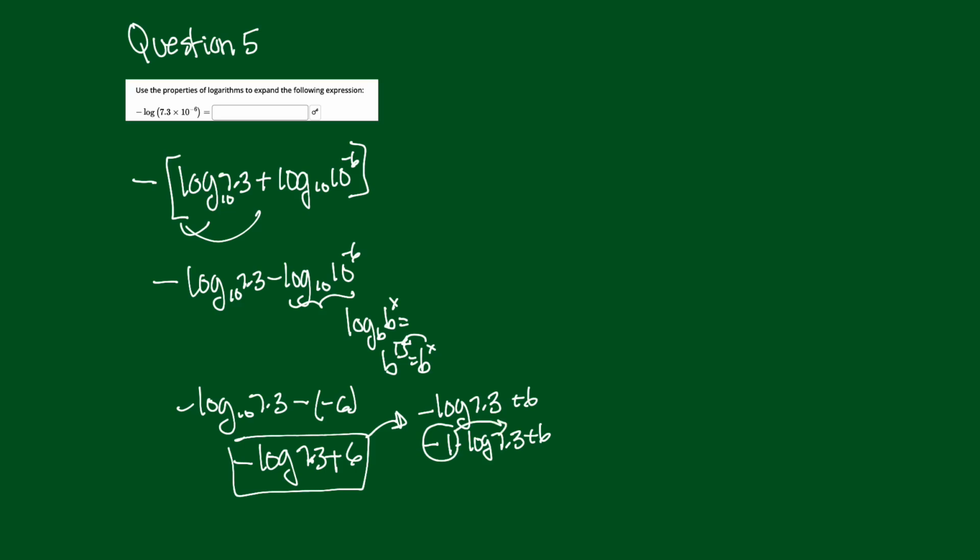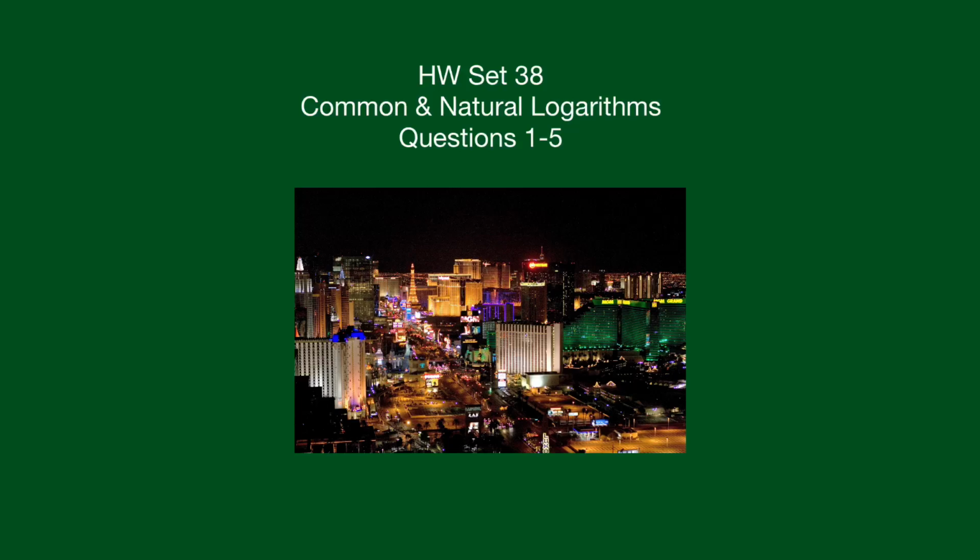So now I get the log of 7.3 to the negative 1 plus 6. But now this thing here, I can get rid of that exponent if I drop the base down. So I'll get the log of 1 over 7.3 plus 6. I just have a feeling this is what they're going to want us to do because I can't go any further with this. And that finishes up the first 5 problems in homework set 38.